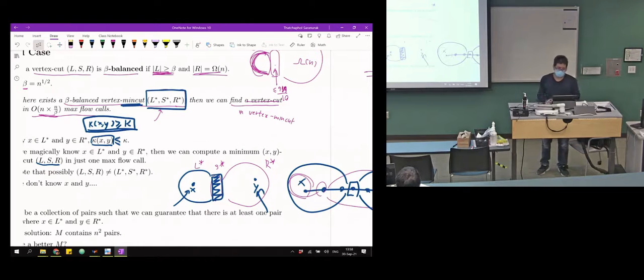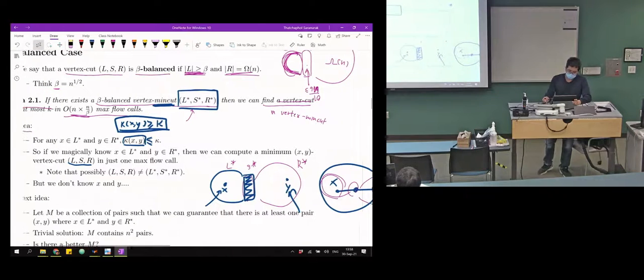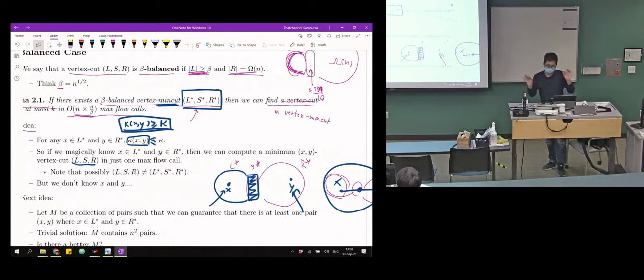So in total, it's O of n over beta, maybe times log n to make it work with high probability. So from here you see that with randomization, you can get a small number of max flows, even less than n. But this is not clear at all for deterministic algorithms. How to do that?